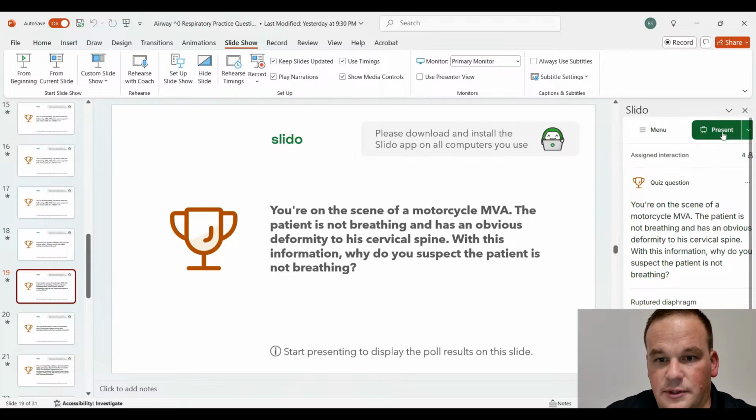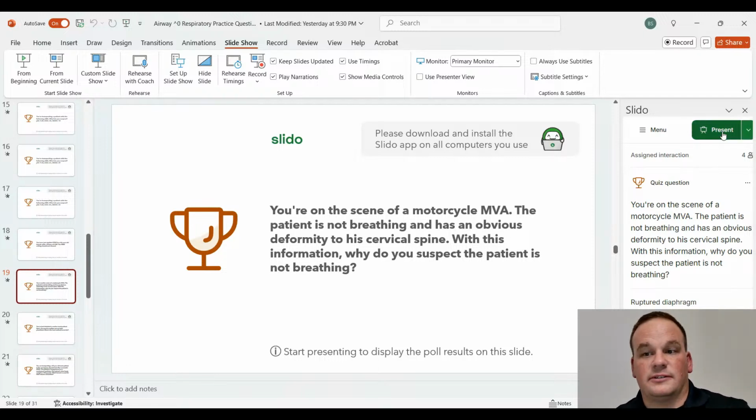The next question here, you're on the scene of a motorcycle MVA. The patient is not breathing and has an obvious deformity to his cervical spine. With this information, why do you suspect the patient is not breathing?